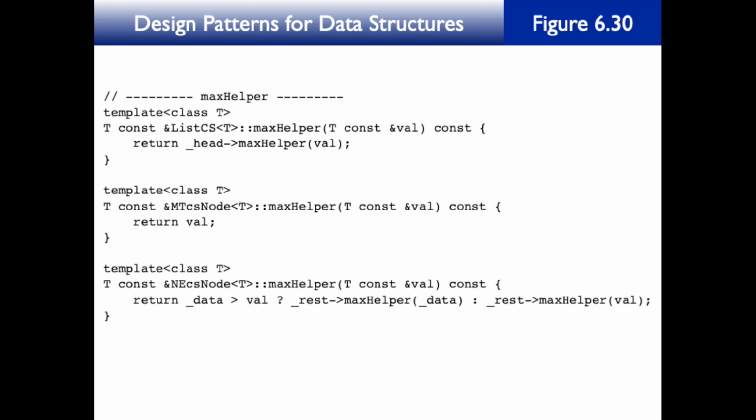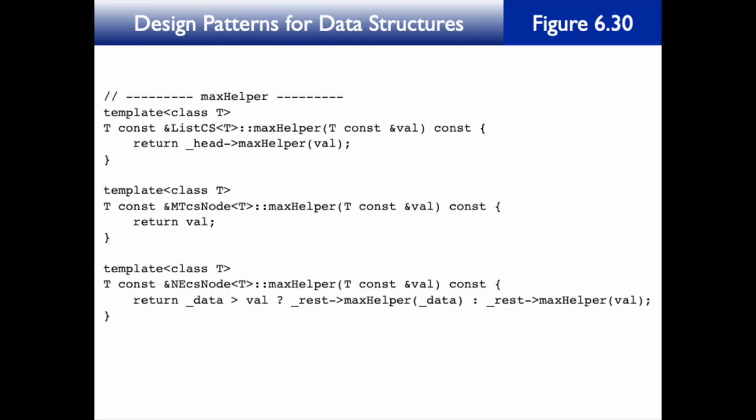And now here in the non-empty node is where the actual comparison takes place. Notice that we use this ternary operator. We're not going to be able to do this in the visitor version because the code is more complex. But basically in this list CS version, in our environment we have two values: val that was passed along as a parameter, and _data, which is our attribute of this non-empty node.